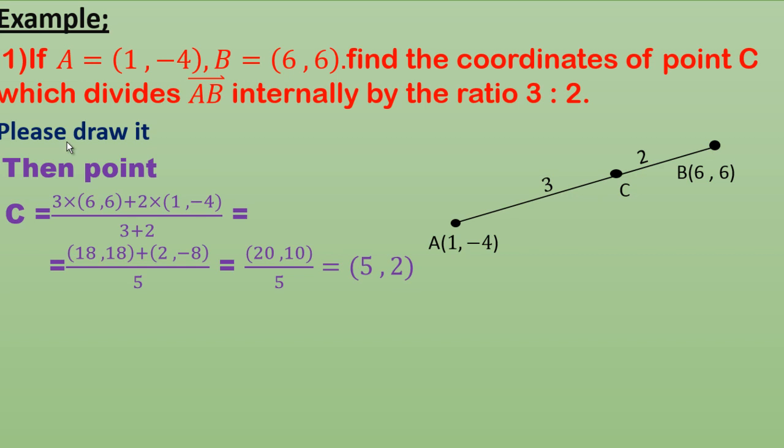So the sums are 18 plus 2, 20, and 18 plus negative 8, 10, over 5. 20 divided by 5 will be 4, sorry, and 10 divided by 5 will be 2. So the coordinate of point C is (4, 2).